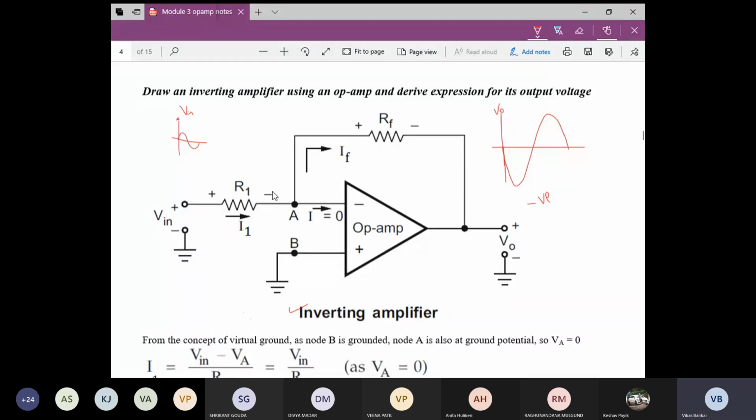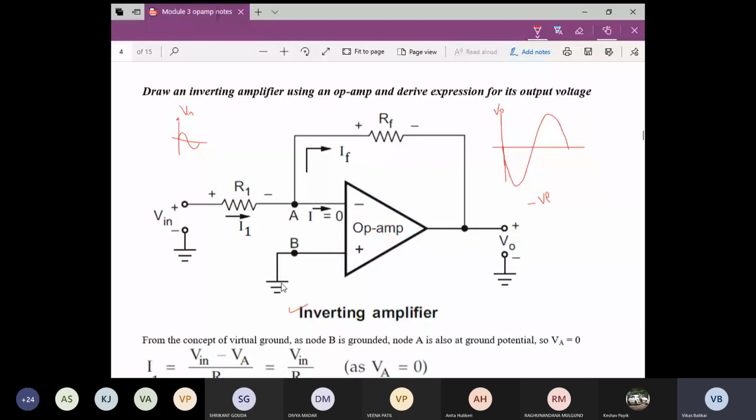Let me give you a glimpse of how the connections are made. I have taken an op-amp and connected an input voltage to the inverting terminal through a resistance R1, and the non-inverting terminal, which I have marked as node B, I have connected to ground.